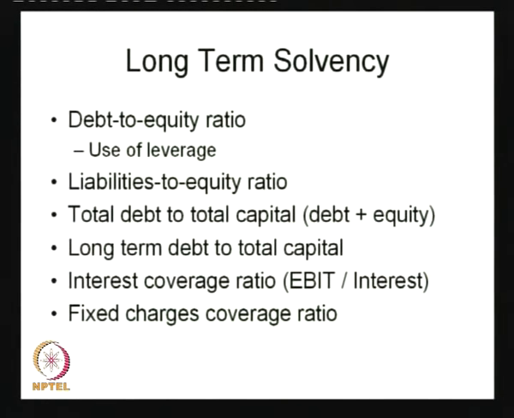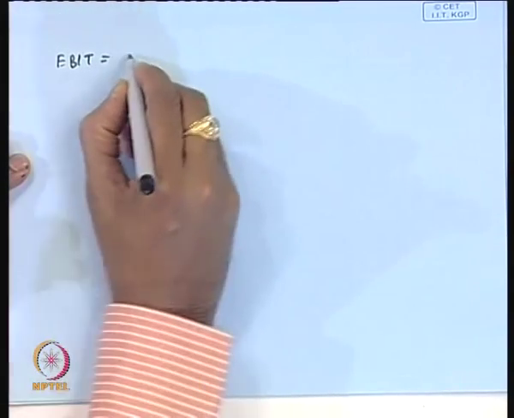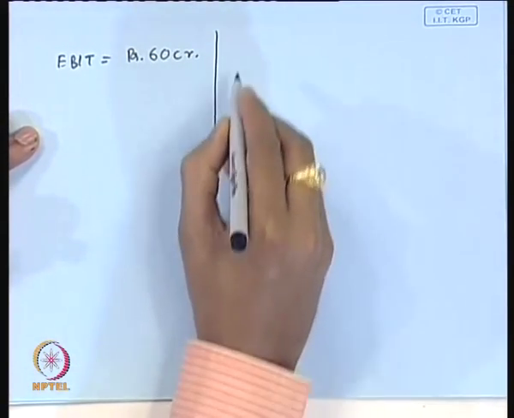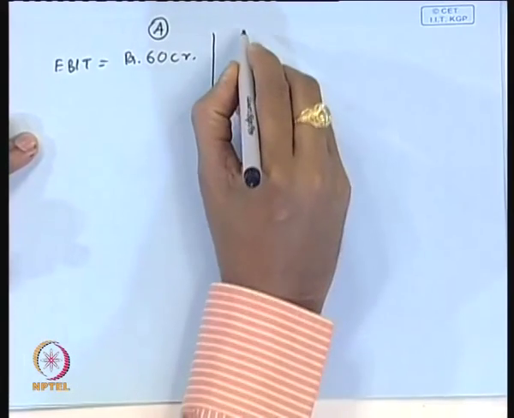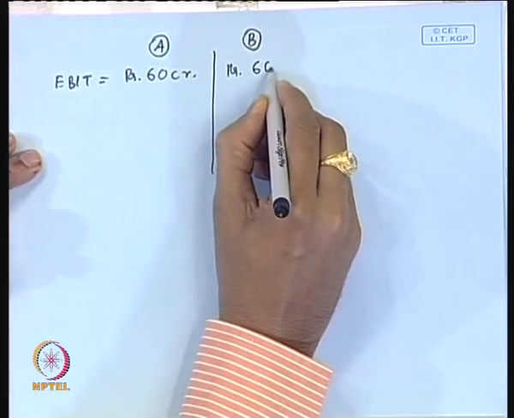Another important ratio is called the interest coverage ratio. In the interest coverage ratio we say earnings before interest and tax divided by interest. Suppose earnings before interest and tax is rupees 60 crore for company A, and for company B also rupees 60 crore.